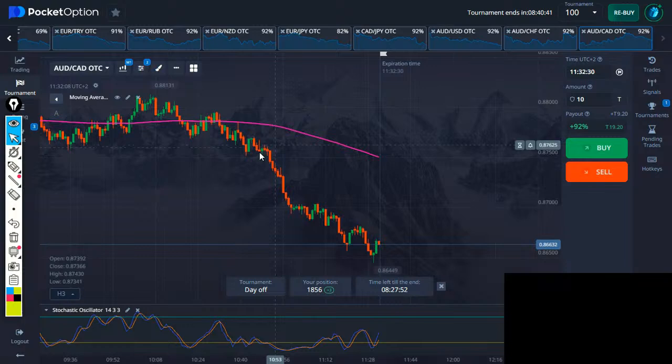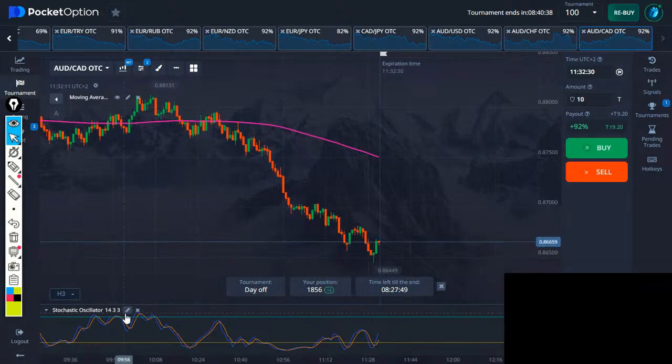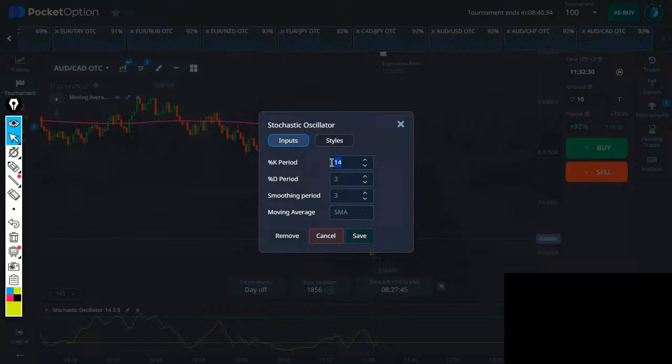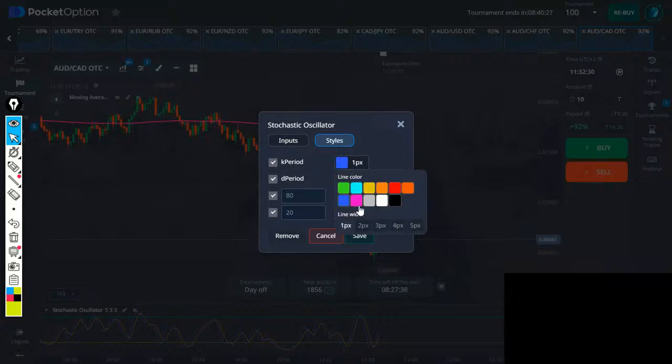And as for the stochastic oscillator, you also come down here, you click on the pen. We only need to change the K period to 5. And personally, in styles, I like to make the lines thicker, the orange and the blue line. Keep everything the same, the 80 and 20 level, and click Save.